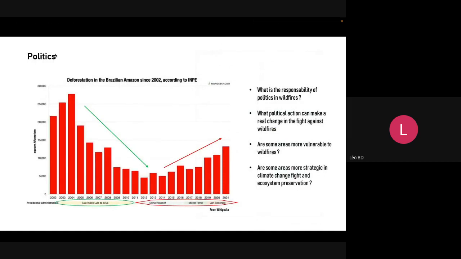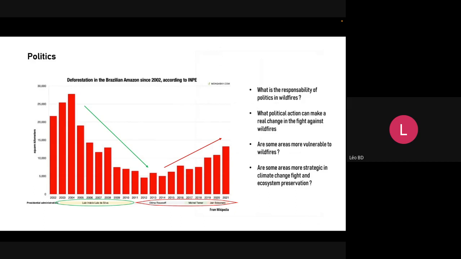Now let me introduce you a bit of the political responsibility in wildfires. The graphic here is not actually showing wildfires, it's showing deforestation in general, but we can imagine that wildfires are also concerned by this graphic.